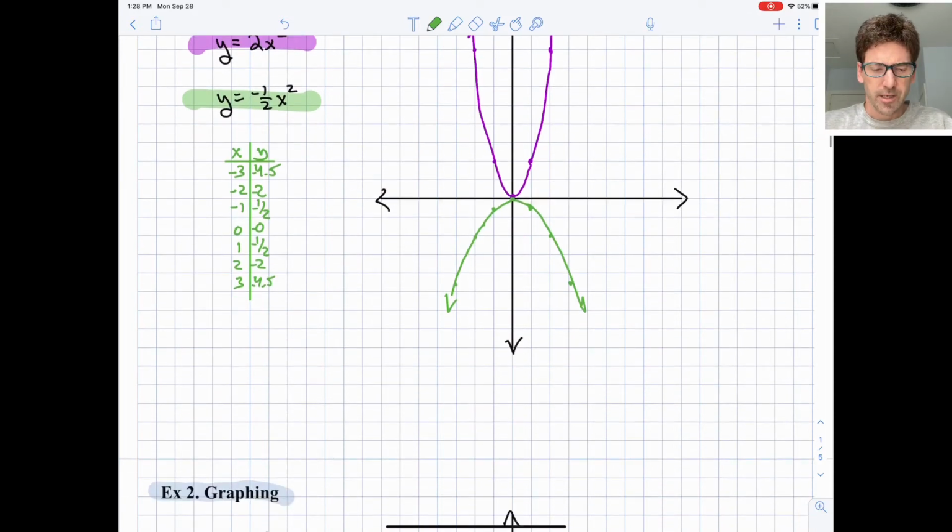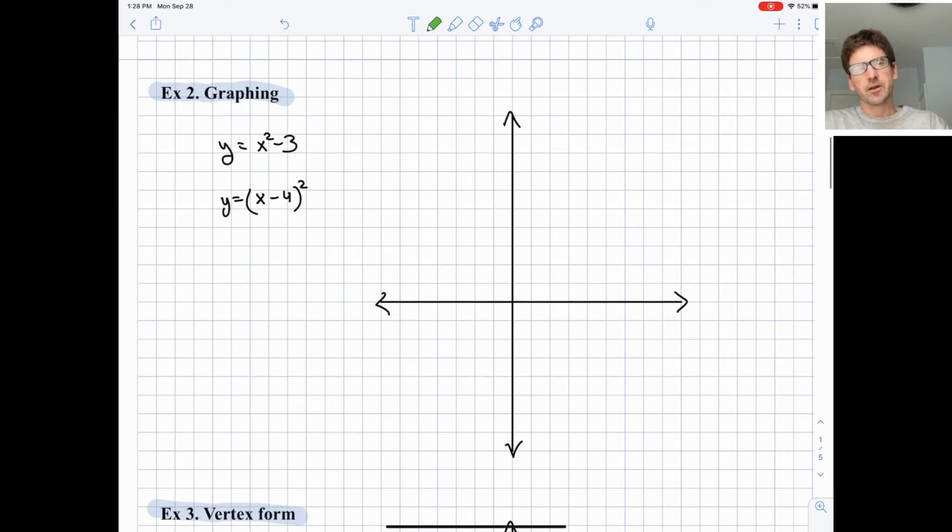All right, well, another thing we can do is we can start shifting our parabola up, down, and left and right. So let's have this be our green one right here, x squared minus 3. That's the same as our parent function, our parent parabola, only shifted downward by 3. So we would have a vertex at -3 on the y-axis, over 1 up 1, over 2 up 4, over 3 up 9.